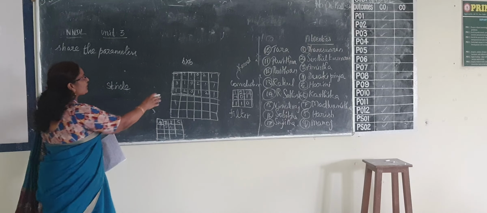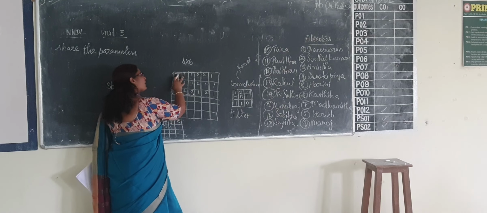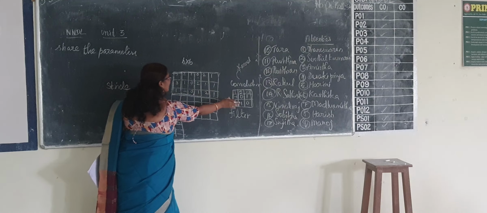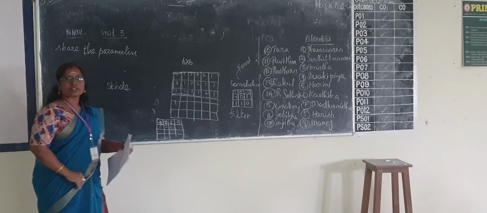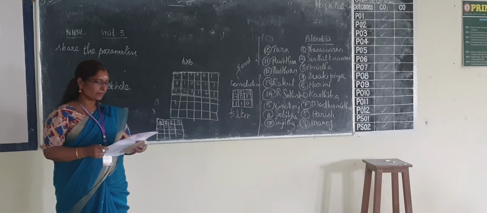So you have a kernel and you are sliding it over here, and at that time we perform the dot multiplication with the patch, which is taken as the dot product.